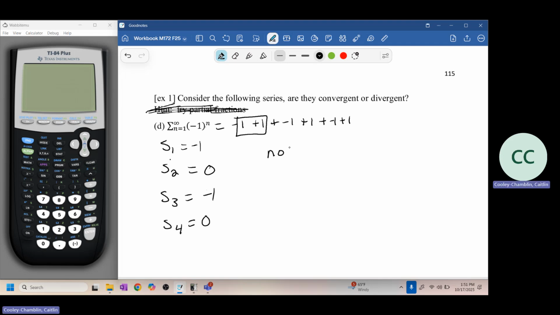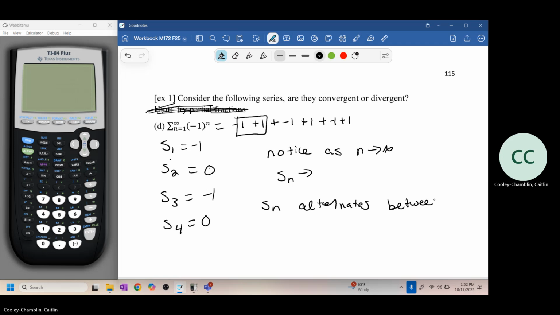So notice, as n goes to infinity of my sums, Sn does not approach anything. It's oscillating between -1 and 0, -1 and 0. So Sn alternates between -1 and 0, and so this diverges.